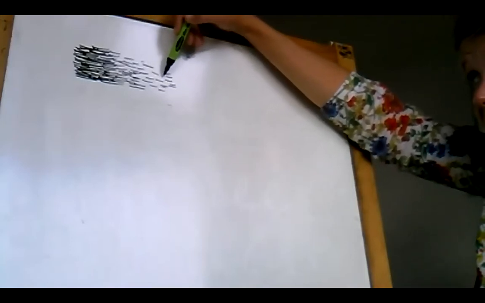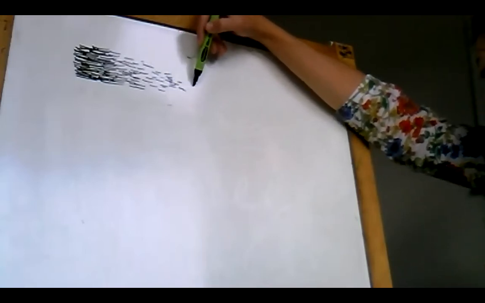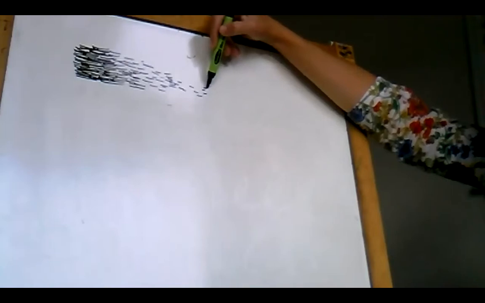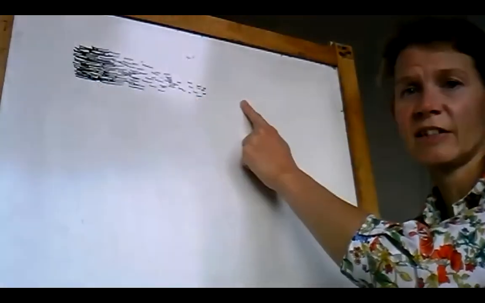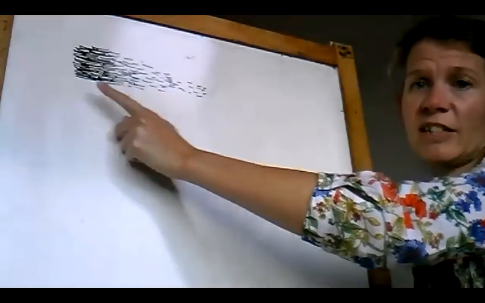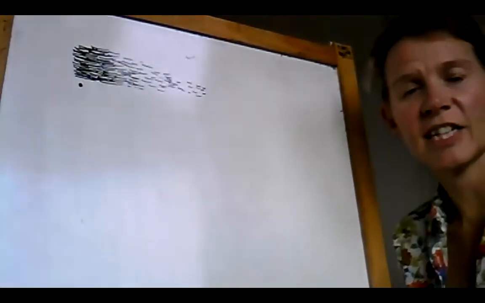So I'm just spacing it out, not doing very many, and now they're very spaced out. And what do you notice about that? Which end is darker? Yeah, this end here. This end is darker, isn't it?